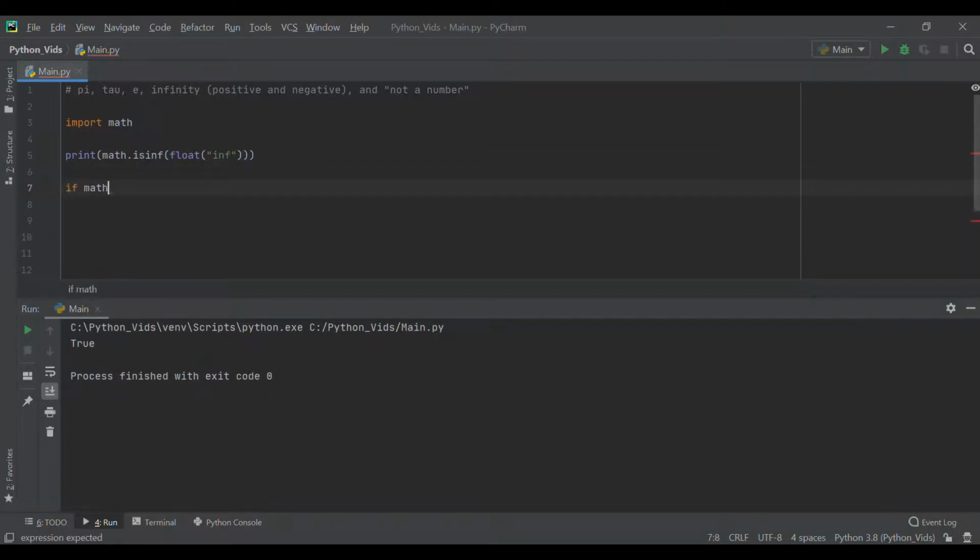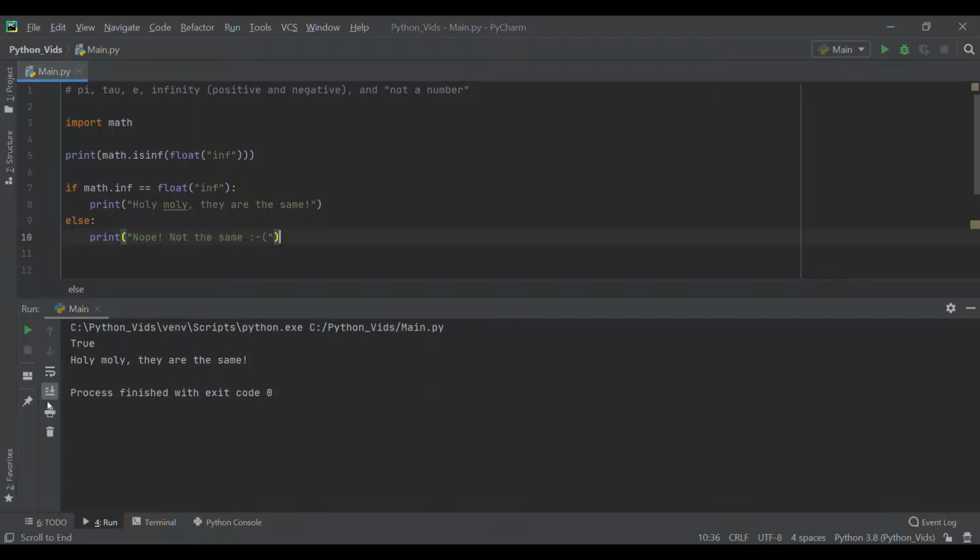So if math.inf is equal to float of inf, then let's print, holy moly, they are the same. Else, let's print, nope, not the same. Frowny face. Okay, so let's see what happens. Ah, holy moly, they are the same. Let's clear the console and try it again. Holy moly, they are the same.